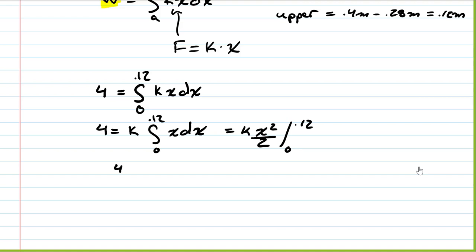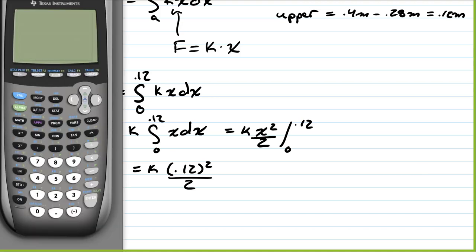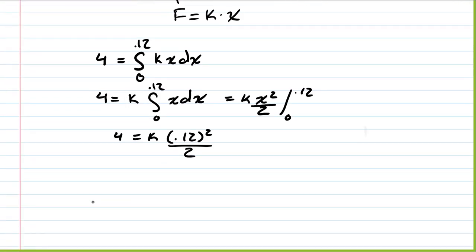So that gives us 4 is equal to k times 0.12 quantity squared over 2. So then, simplifying that up a bit, we have 0.12 squared, and then we divide it by 2, which gives us 0.0072.